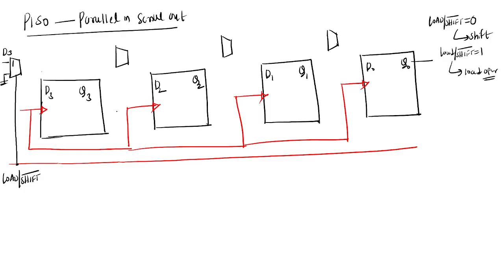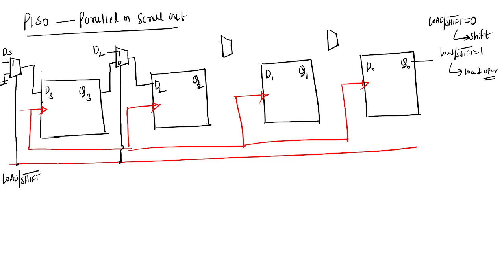Next, this output is given to D3, and next you are giving D2. This is given to input 1 and input 0, and this input 0 is given from Q3. Again this goes to D2, and the selection line is given to the load by shift bar signal. Again for D1, Q2 is given to input 0 and this is input 1, and the output goes to D1, with the selection line given to load by shift bar.